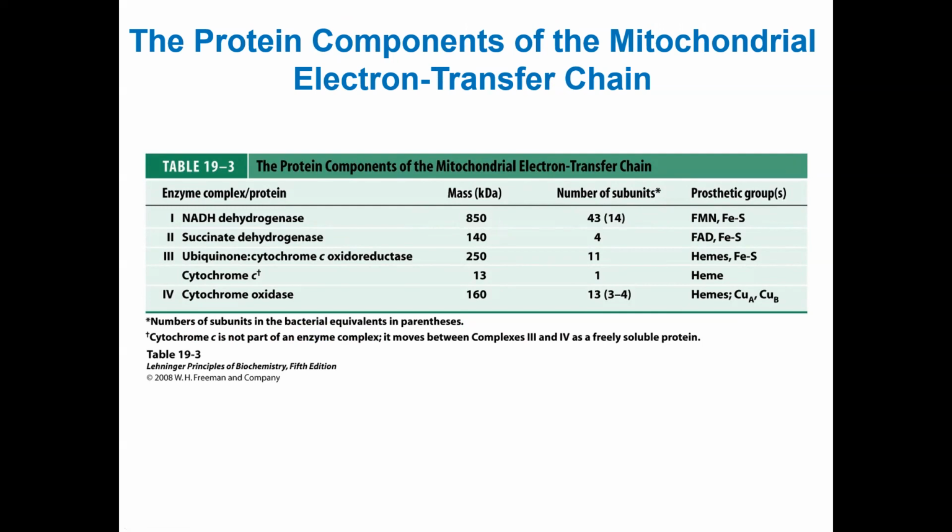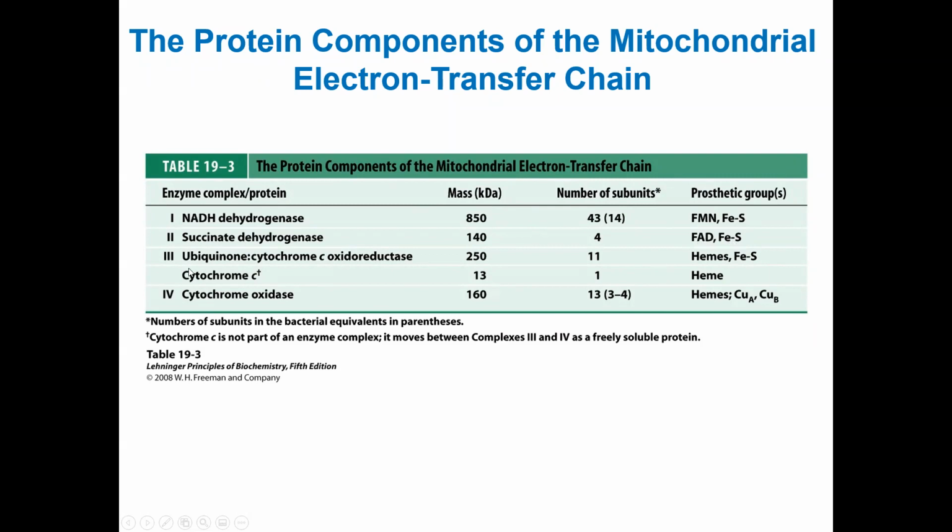You don't have to worry about that so much. And they're showing you what kind of prosthetic groups they need for their function. So FMN and iron sulfur center is what you need for NADH dehydrogenase. Second complex is succinate dehydrogenase, and it has 4 peptidyl units, 140 kilodalton in mass, and it uses FAD and iron sulfur center as prosthetic groups.